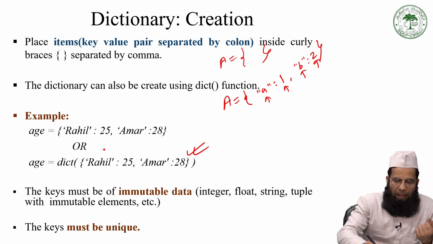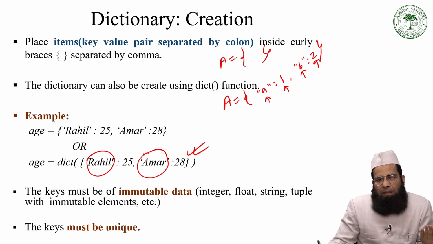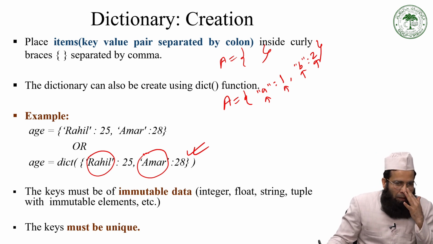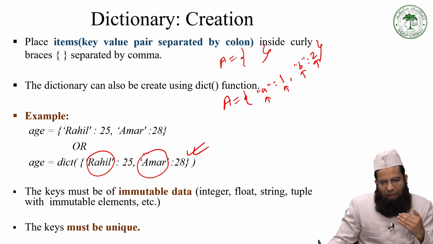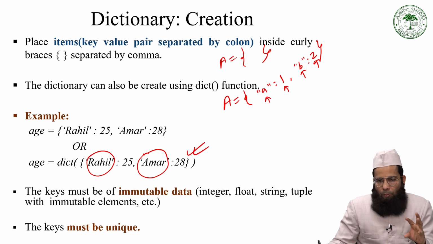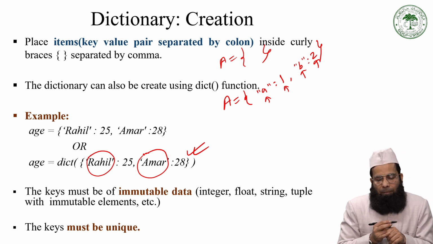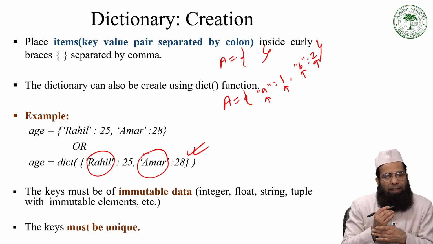It means immutable data like integer, float, string, tuple, all these you can use as far as keys are concerned, but you cannot use mutable data. You cannot use a list as a key.